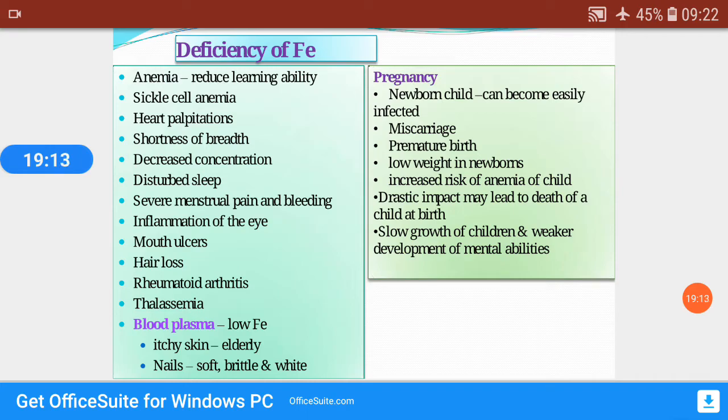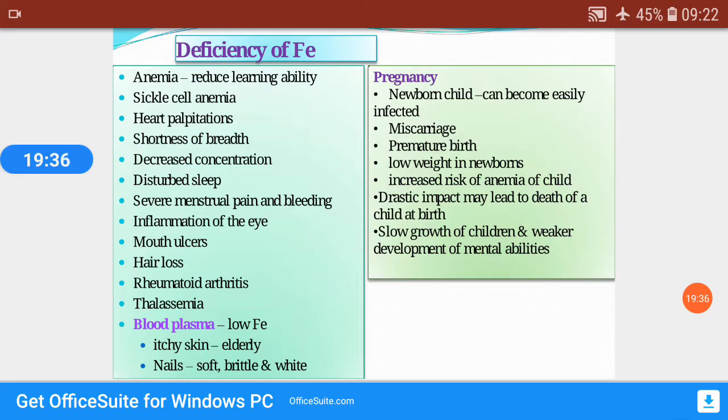Miscarriage might take place, premature birth, low weight in newborns, increased risk of anemia of a child, and drastic impact may lead to death of a child at birth itself. Slow growth of children and weaker development of mental abilities results.